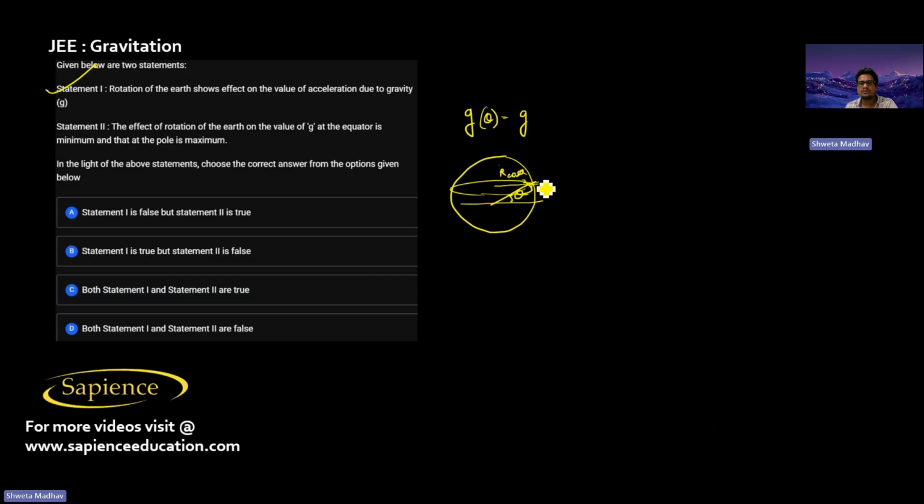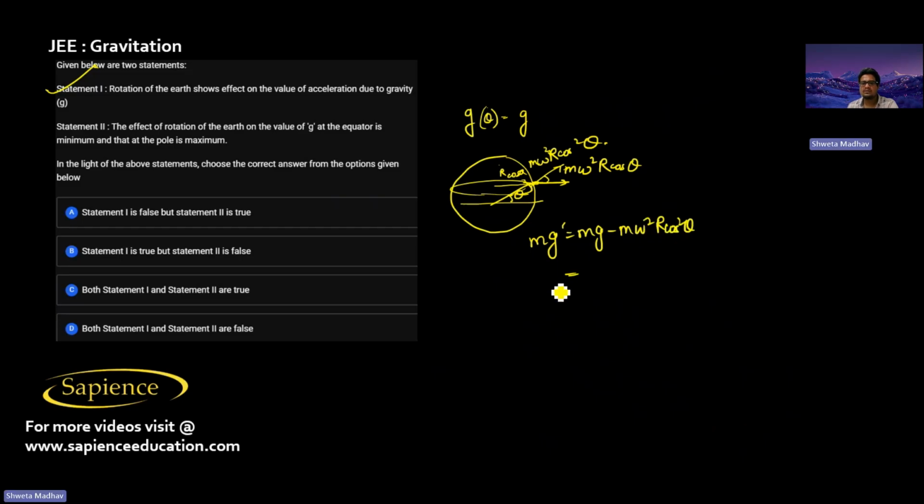Is rotating, so there is a centrifugal force acting, which is m omega square r cos theta. We will take the component of this, which is m omega square r cos square theta. So the weight, that is mg dash, is equal to mg minus m omega square r cos square theta.